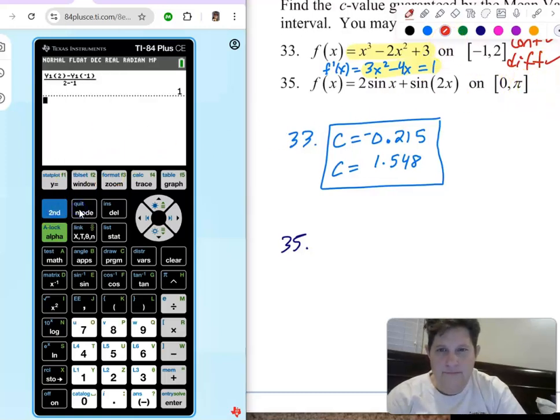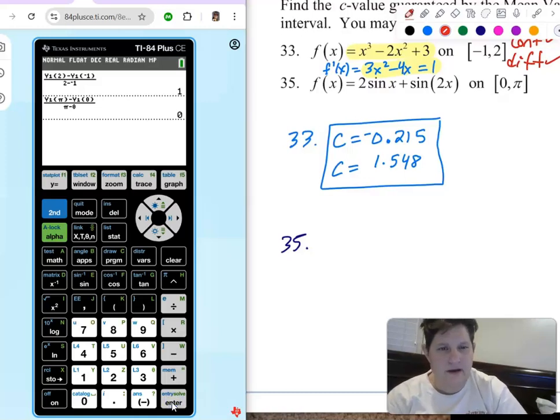All right, anyways. Okay, now I need to find the slope. Let's go out here and let's do the same thing. Alpha y equals fraction, alpha trace y1 of pi minus alpha trace y1 of 0 over pi minus 0.